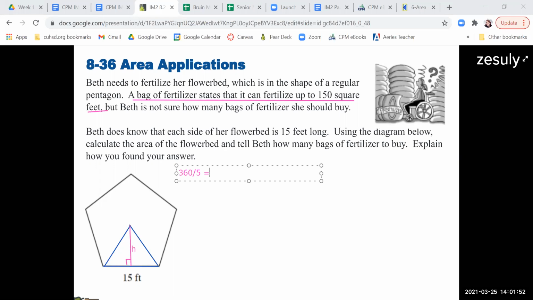And that would get us 72 degrees for our central angle. So our central angle is 72 degrees. And what that represents is this full angle up here, 72 degrees. That's the full angle right there.